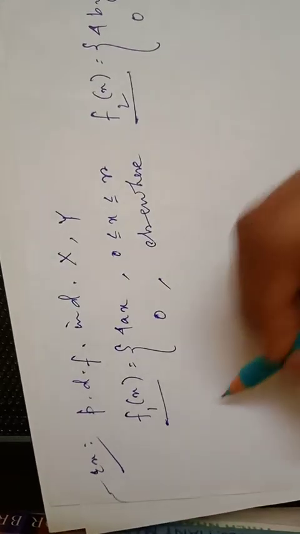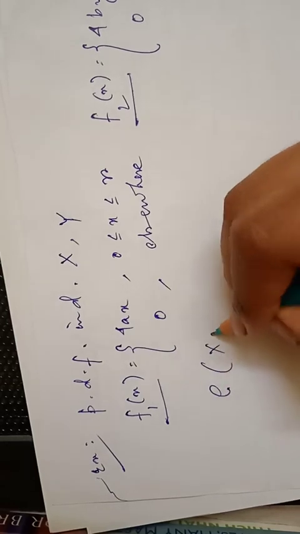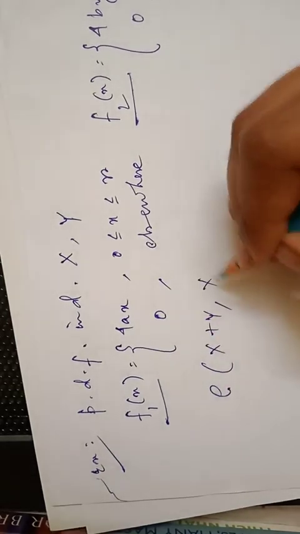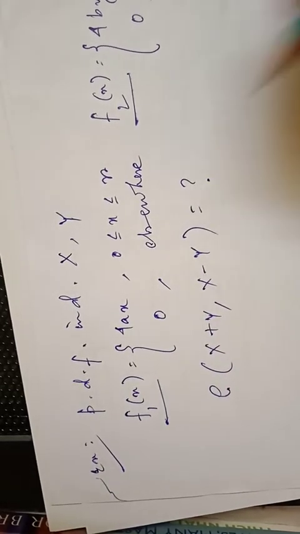It is given. Now find out rho of x plus y comma x minus y.